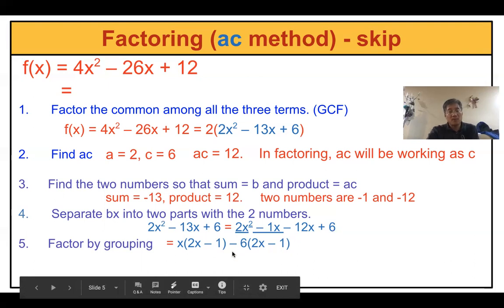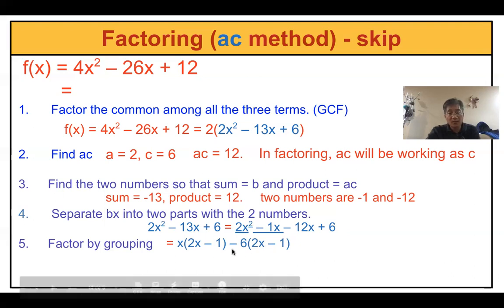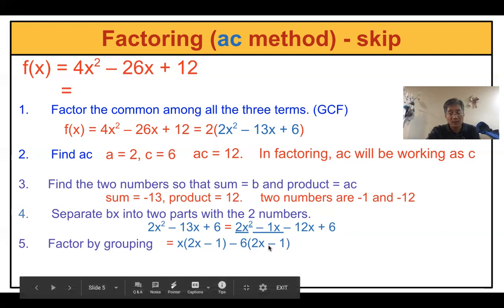Now you factored each group, and do you see these two groups have a common again? What is common? Yes, 2x minus 1. Then we take the 2x minus 1 as a factor here, and in the other factor, you put the x, and then minus 6 in the parentheses.